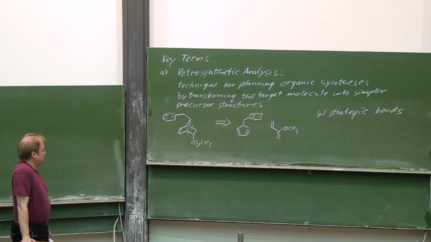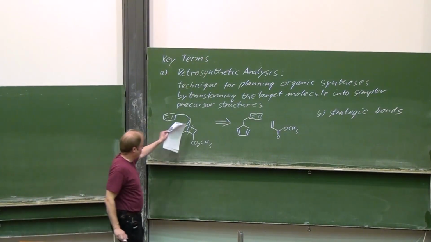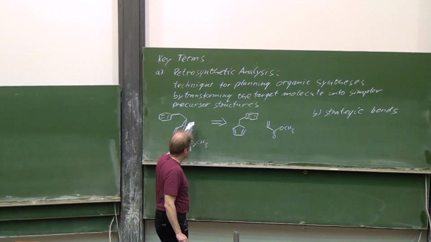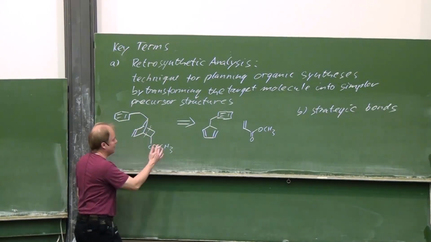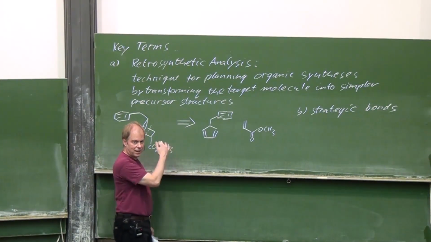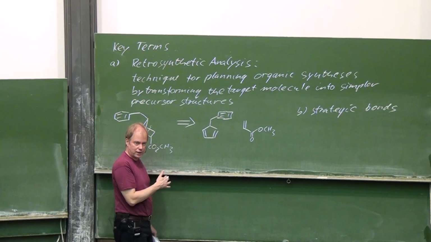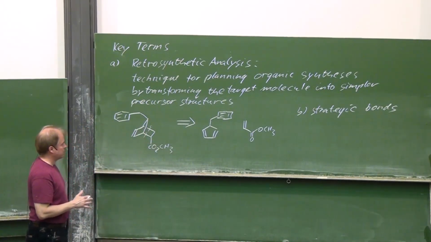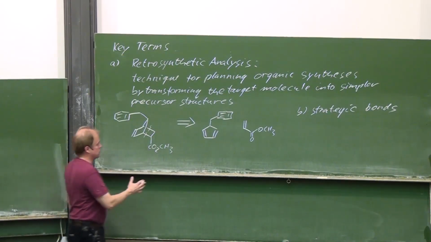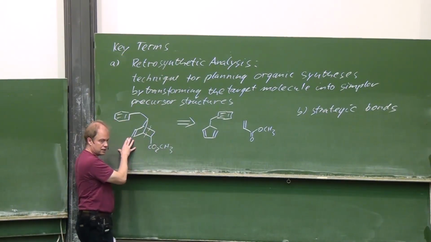Now, as I said, these are strategic bonds because the partial structures which result by this twice bond breakage are much simpler than our target molecule.